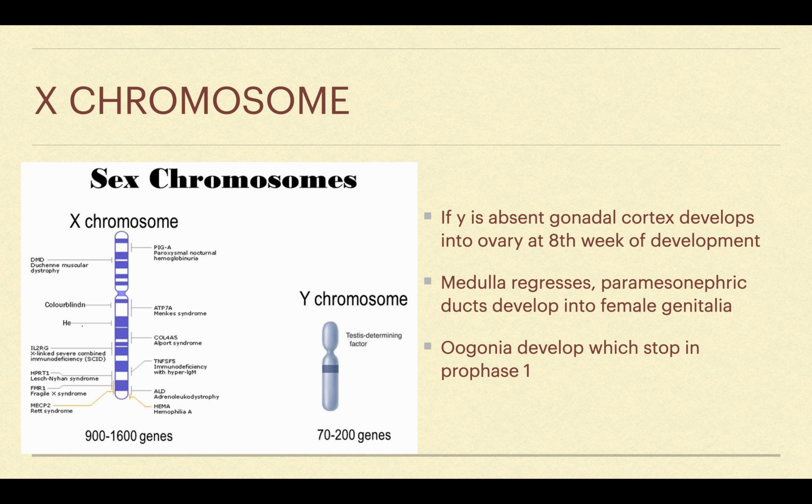Okay, so the X chromosome. If the Y chromosome is absent, the gonadal cortex will continue developing into the ovary at the 8th week of development. So why that pause? The germ cells have already migrated to the primitive gonad area during the 6th week, and then there's this 2-week stop.